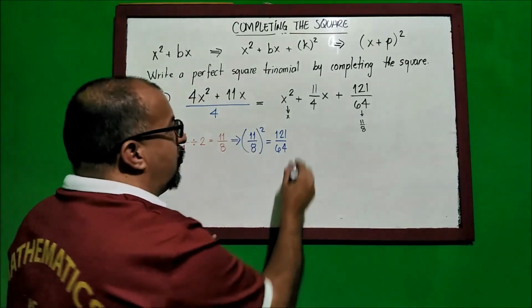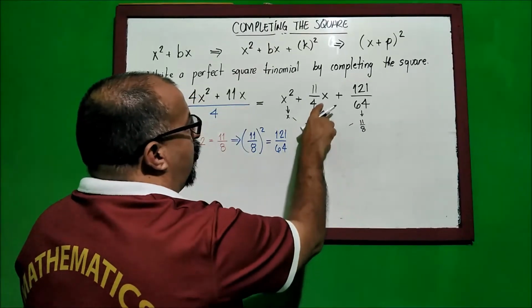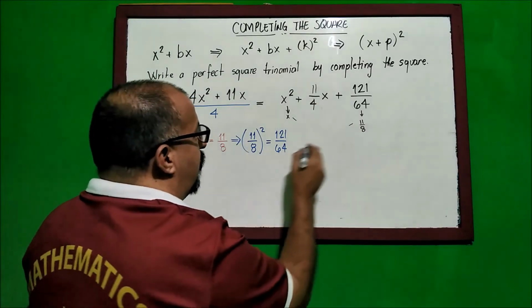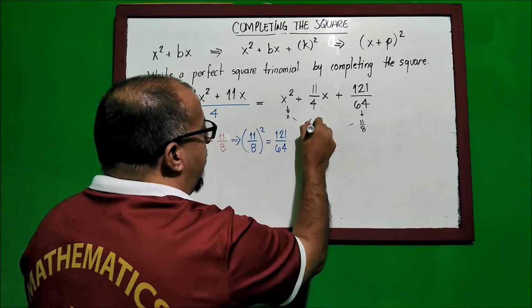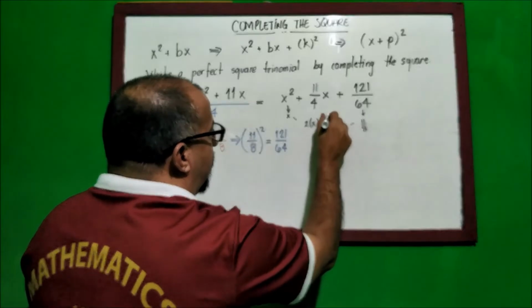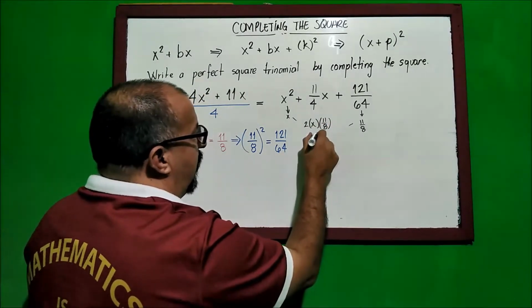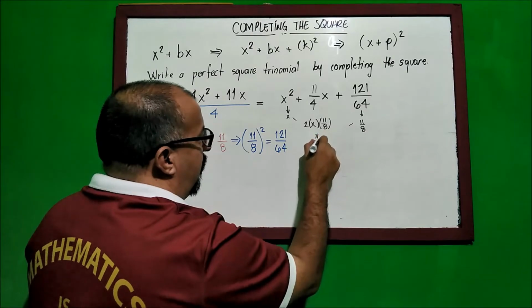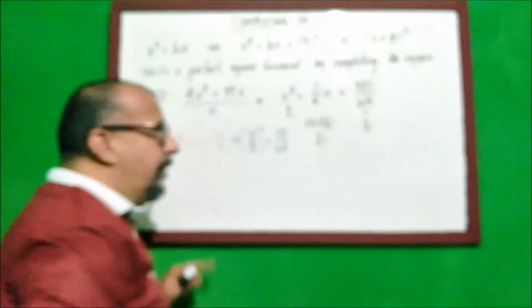Now, if you take a close look, you grab the two values, and in here we're going to check if this is a perfect square trinomial. So what we're going to do is multiply 2 by x by 11/8. And in here, if you multiply this expression, you end up having 11 over 4x.